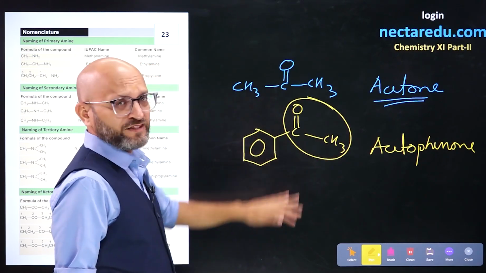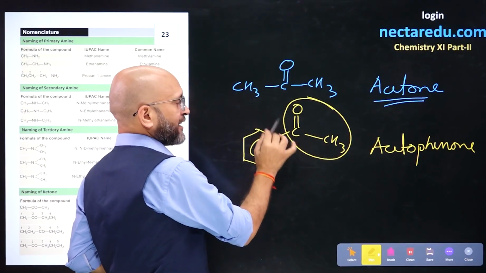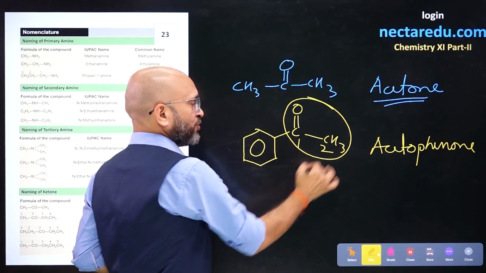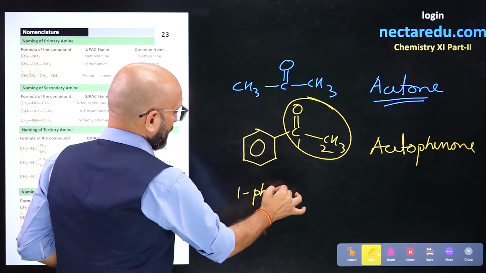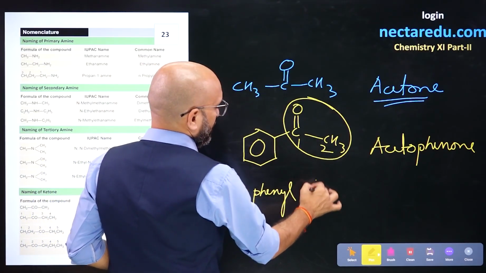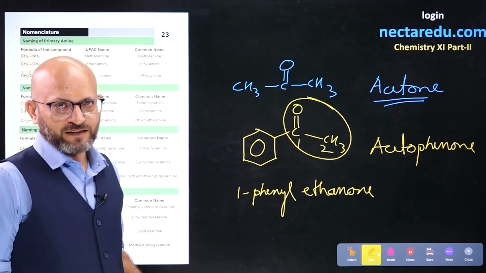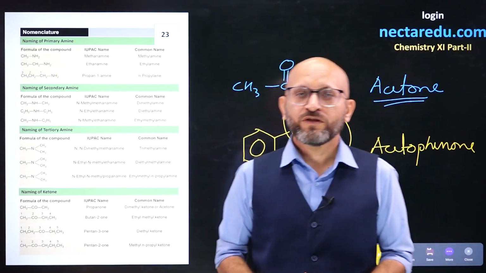So the open chain is the main chain, and benzene is the side chain over here. So the numbering starts from the carbon which is attached to benzene. So this is 1, this is 2. So the name of this compound is 1-phenylethanone, because in the main chain 2 carbons are there. So that is how we can number and name the ketone functional group.